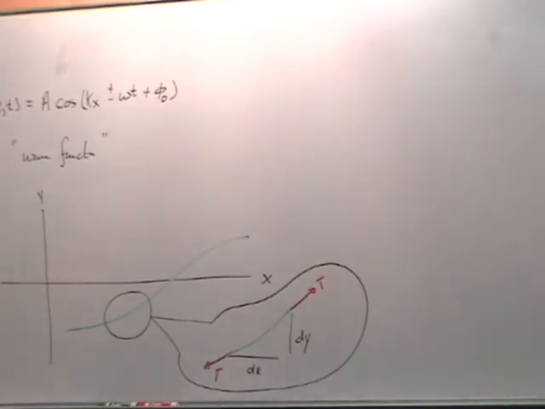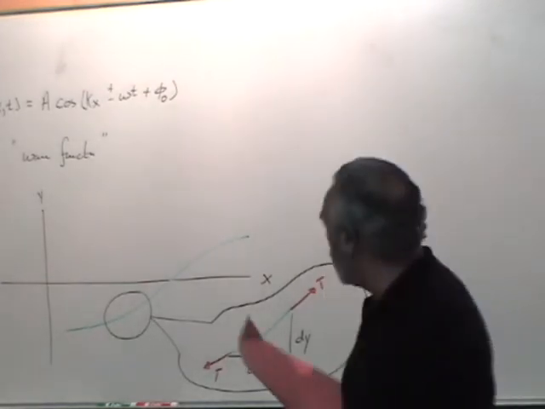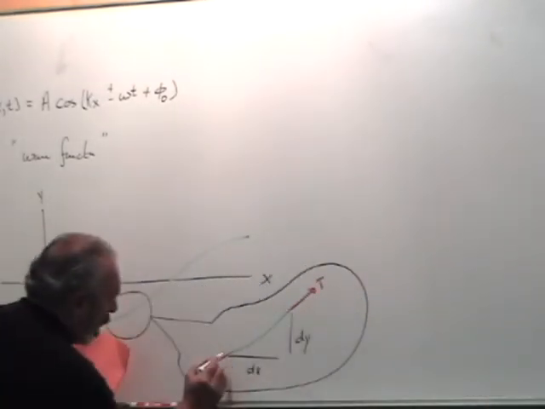But wait a minute, aren't the two tensions equal to each other? Yes, they are. Then how could this thing possibly be accelerated? The two tensions are equal in magnitude. How could this be accelerated? That's right, the direction. If you look in the book, our author does a very fine job in here.